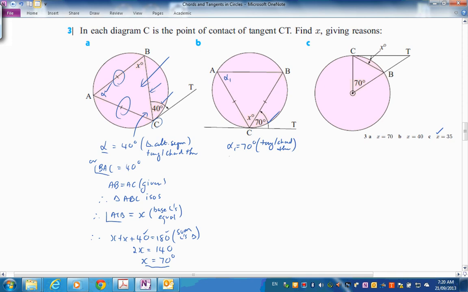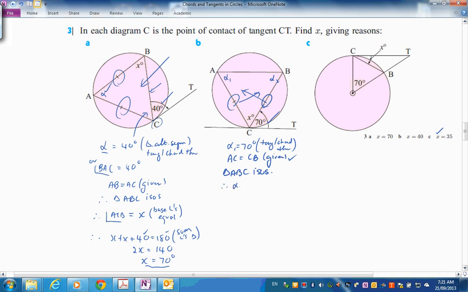So, AC equals CB, given. Okay, so I want to pick up the next piece of given information and use it. So triangle ABC is isosceles. No reason needed there because that's the definition of an isosceles triangle. Just covered it here. Okay, so now we can say this angle is equal because equal sides, the base angles of an isosceles triangle are equal, the angles opposite the equal sides.